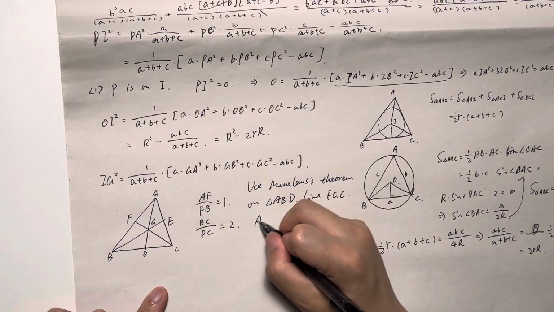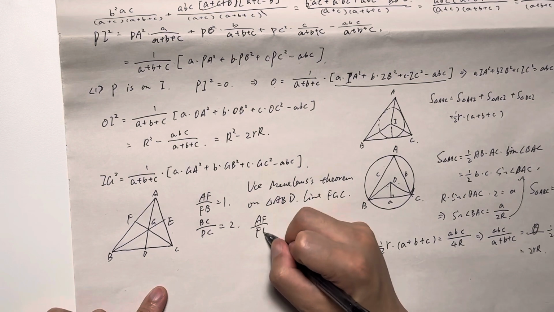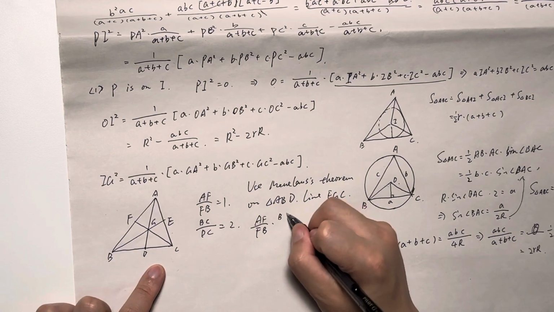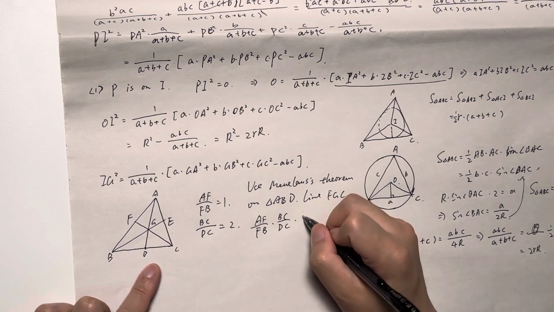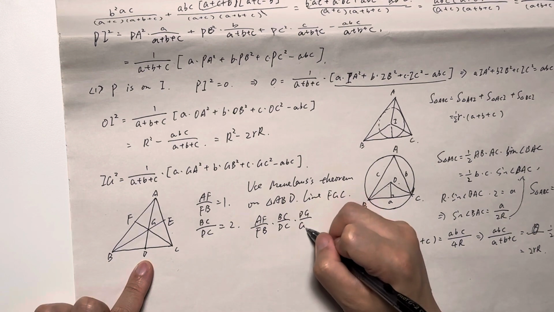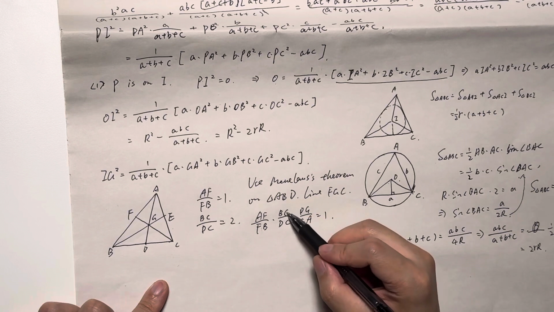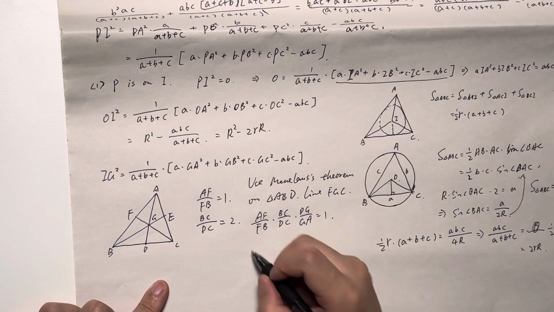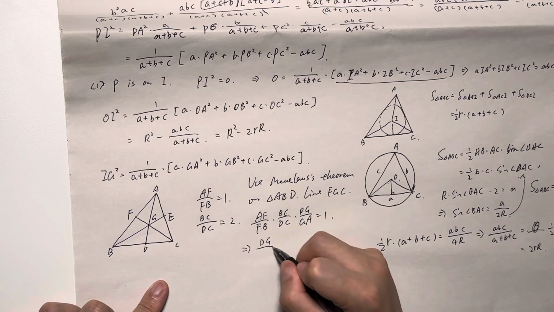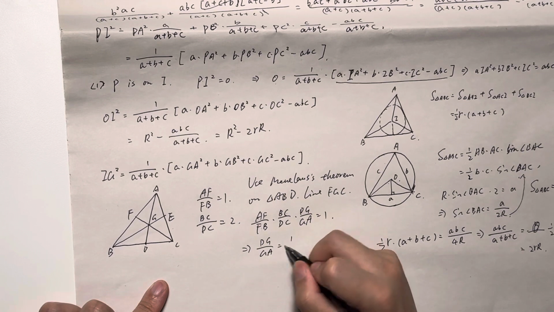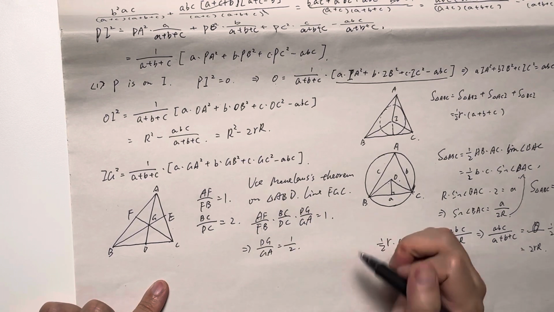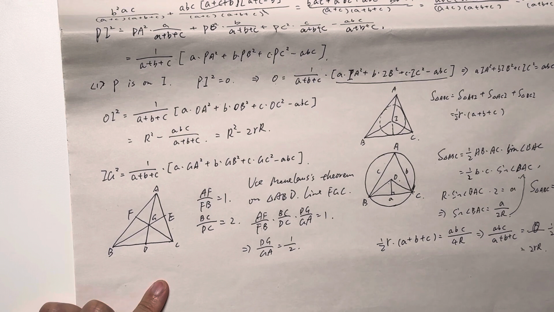Right, we have AF divided by FB times BC divided by DC times DG divided by GA equals 1. Right, this is 1. BC to DC, this is 2. So we got DG to GA equals 1 to 2. Right, DG to GA equals 1 to 2.